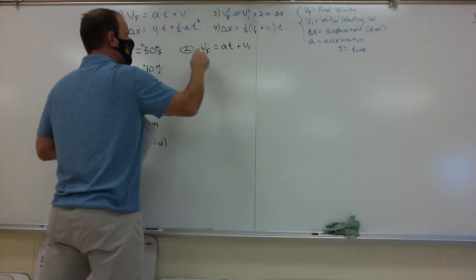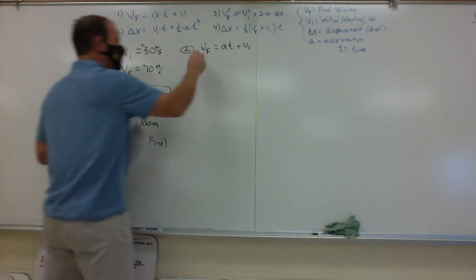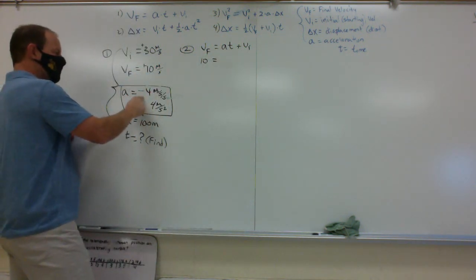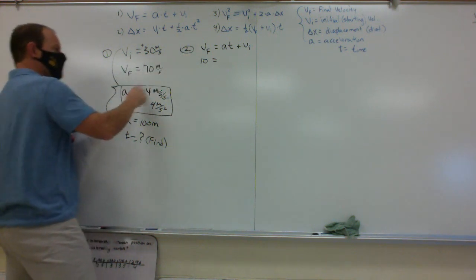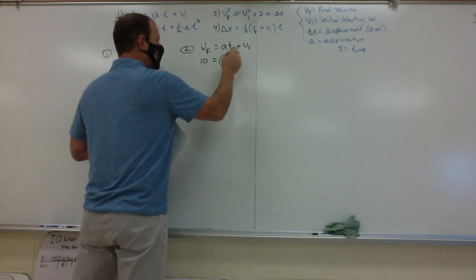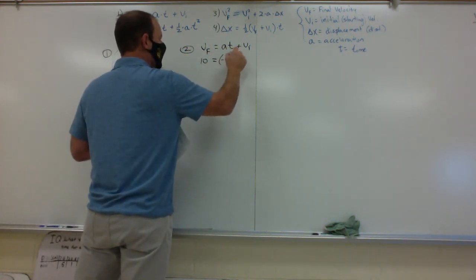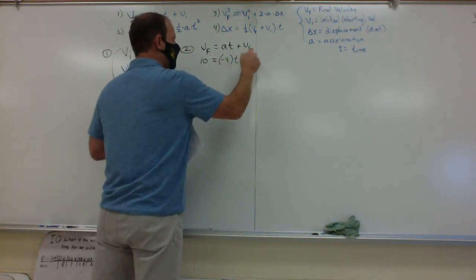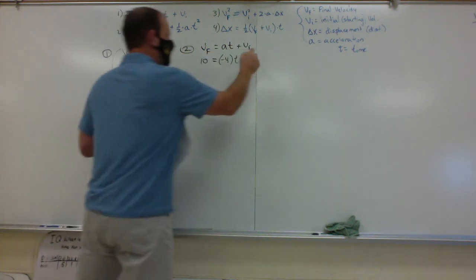So V final is 10. Acceleration. Maybe this is a good one to pick because I can remind you, you have to put in -4 because you're slowing down in this case. And your time is what we want to figure out. Leave that there. And your initial speed, 30.